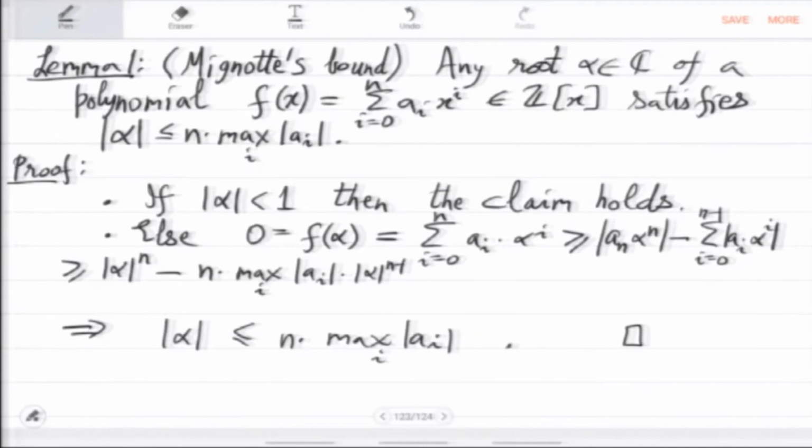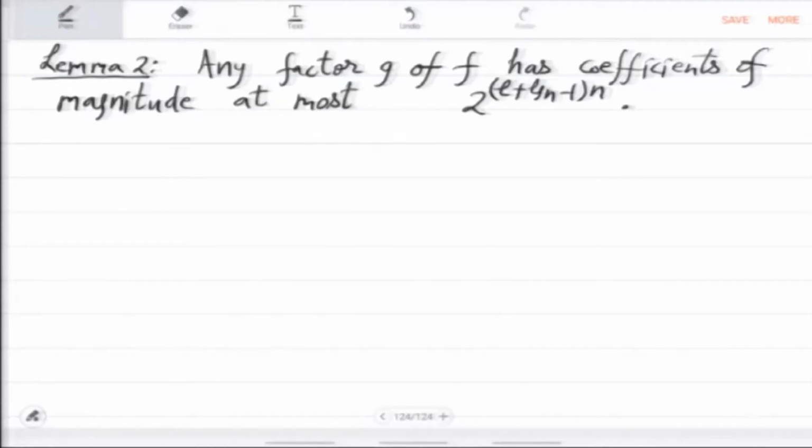You got that the magnitude of a complex root is around the bit size of the coefficients, so it's kind of n times 2 raised to L. For the factor you are getting something slightly larger: 2 raised to L and then another power of n, 2 raised to L times n.